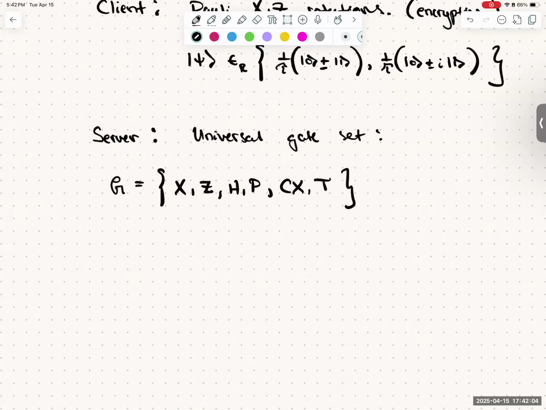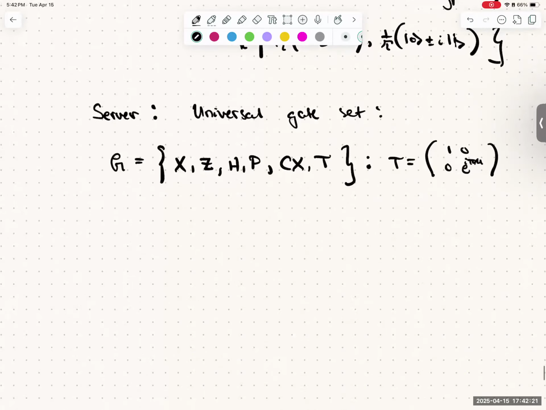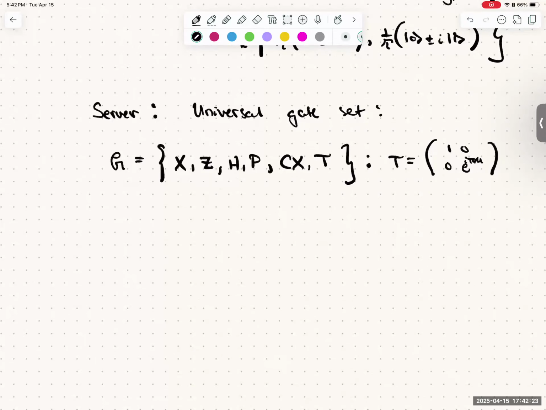I use the notation somewhat different from the paper, which calls the T gate the R gate, but we often use T for this, which is a pi/4 rotation around the z-axis.